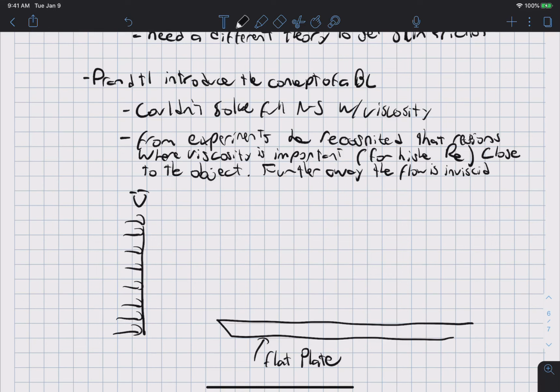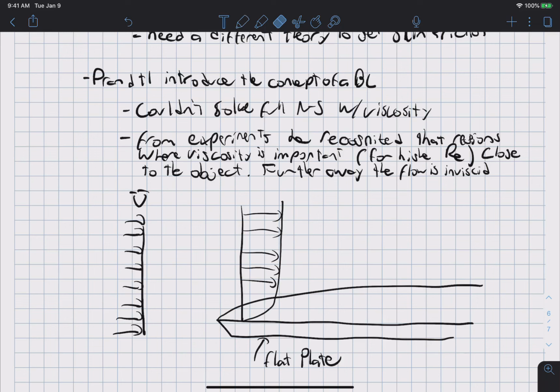What Prandtl observed experimentally is that the velocity profile would be essentially constant at U above a certain height, and the region below that is affected by viscosity.